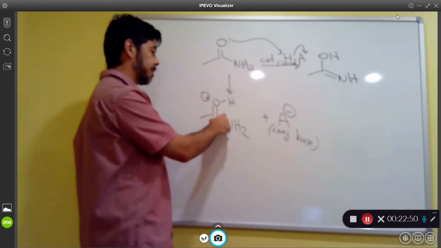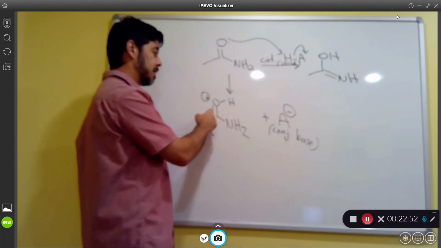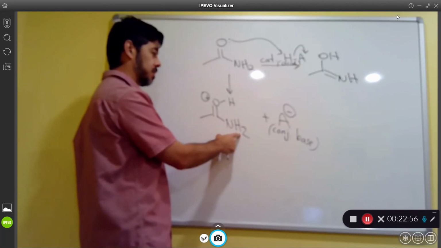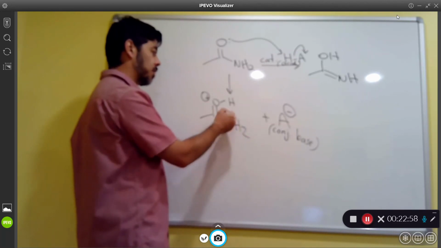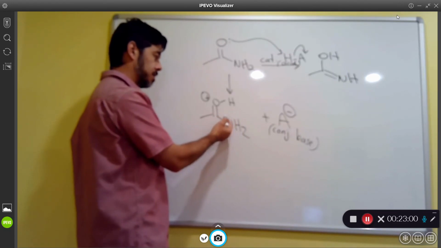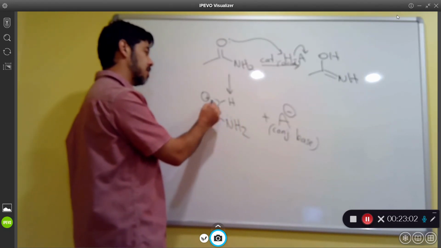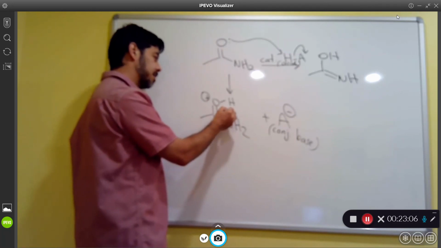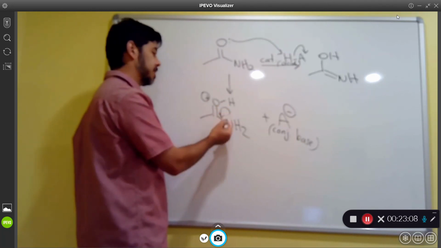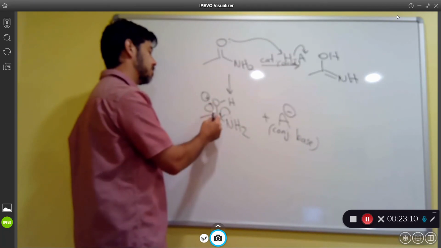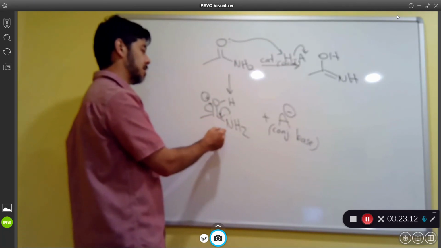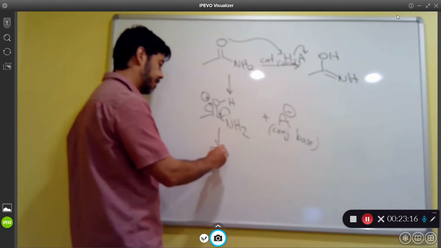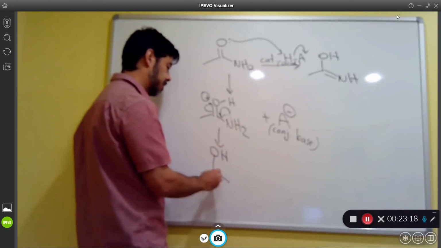Now, in order for us to go from here to here, a couple things have to happen. We need to form a double bond, we need to lose this double bond here, and we need to lose a proton. The way I'm going to do this is, this positively charged oxygen, we're going to break this bond, assisted by the nitrogen coming down and the pi electrons moving up to the oxygen. Now I have this structure here.